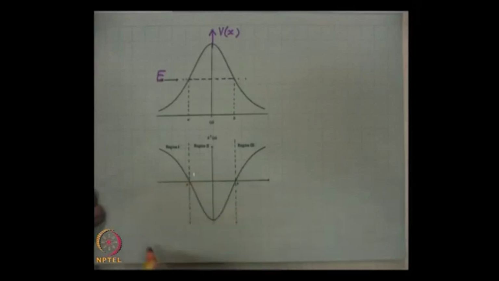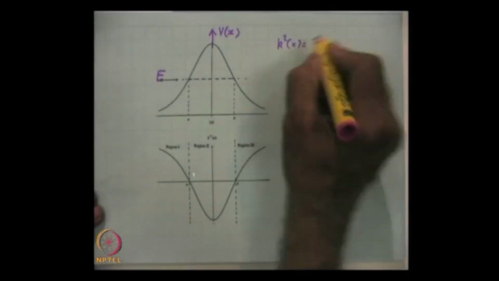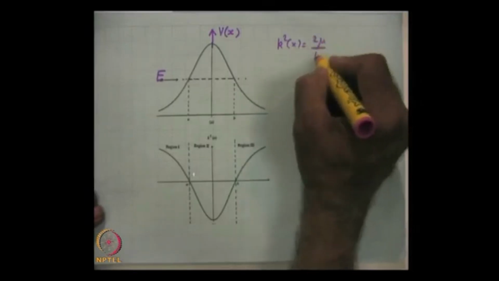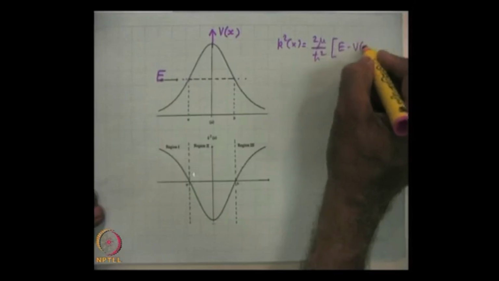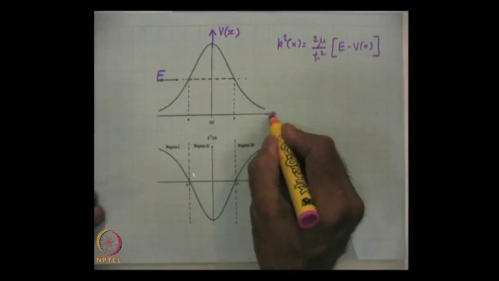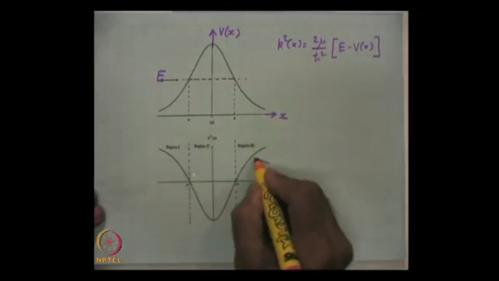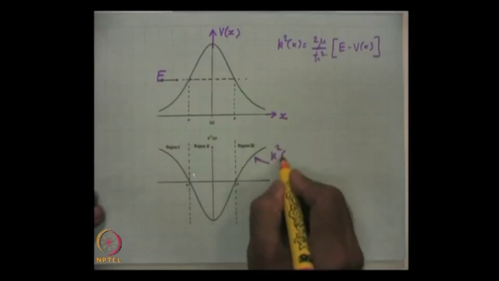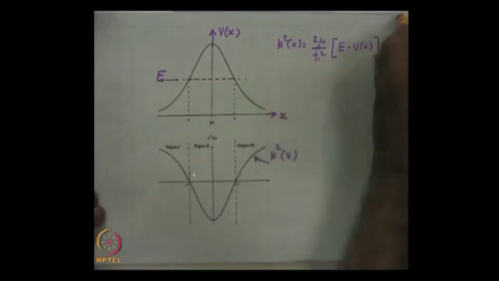Now, k square of x is equal to 2 mu by h cross square, E minus V of x. So, this is the variation of k square of x, and x is equal to a and x is equal to b are the turning points.